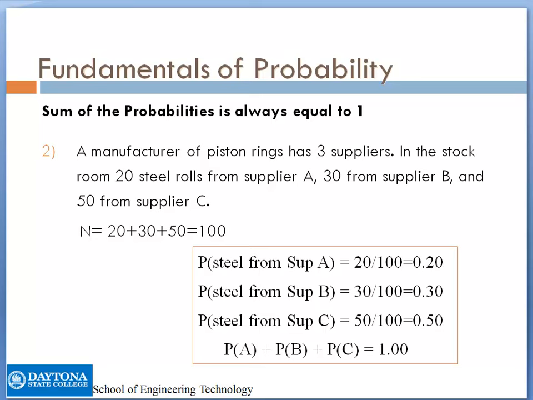We know that the possible outcomes are either 20 from A, 30 from B, or 50 from C, and that is a total of 100.